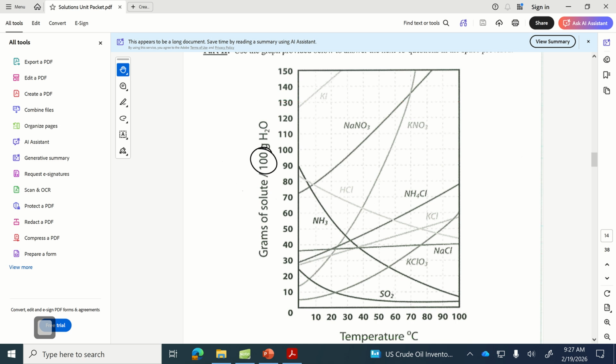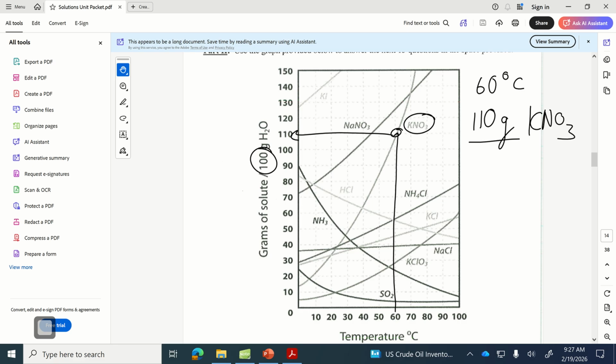All right? Let's use KNO3. At 60 degrees Celsius, KNO3 can have 110 grams dissolved in 100 grams of water.